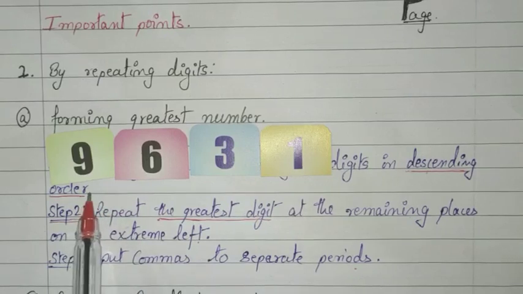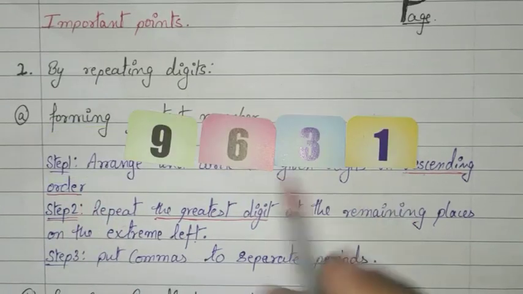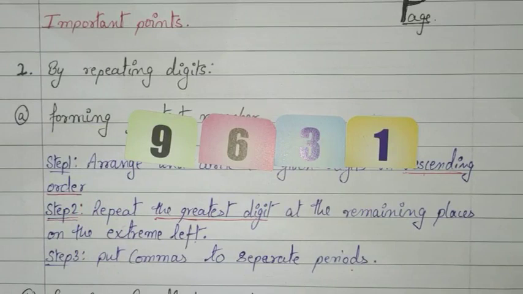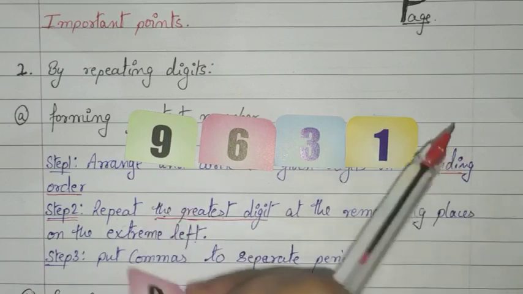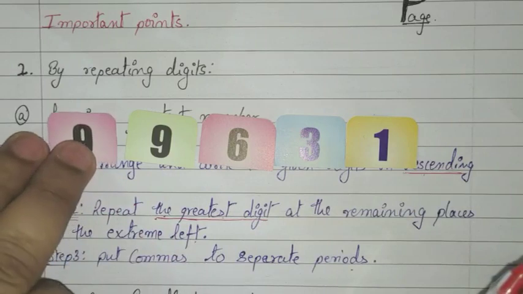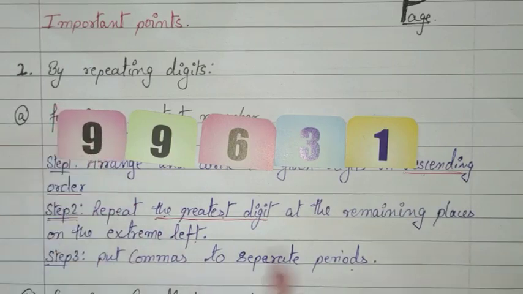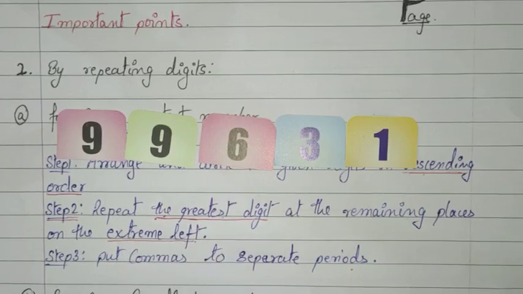The greatest digit is 9. And where do you have to put the 9? In the extreme left. Now this forms the 5-digit number.